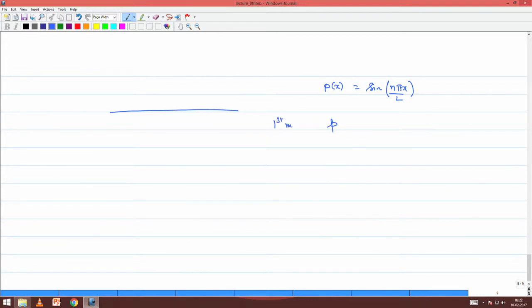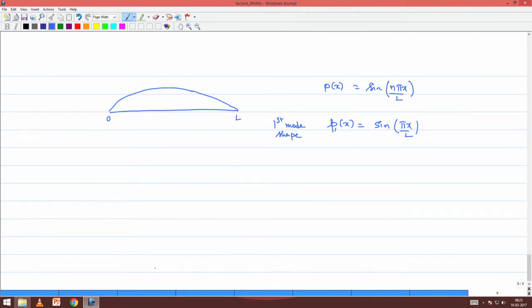The first mode shape is P 1 x equals sin of pi x by L. Between 0 to L it will be sinusoidal, but it will cover half the wavelength, right. So, it will be like this. This is the first mode shape which covers half the wavelength, right.